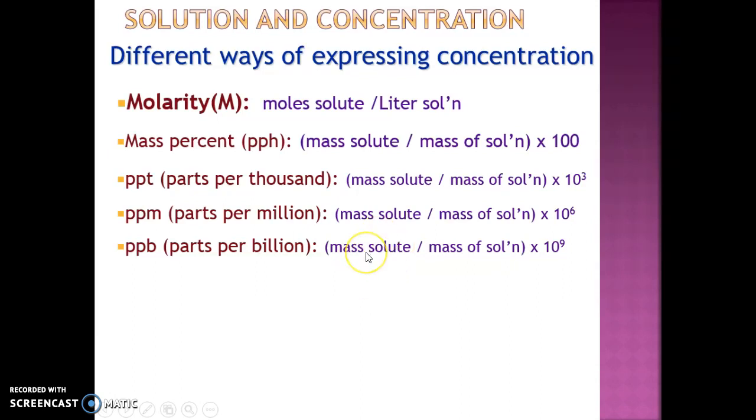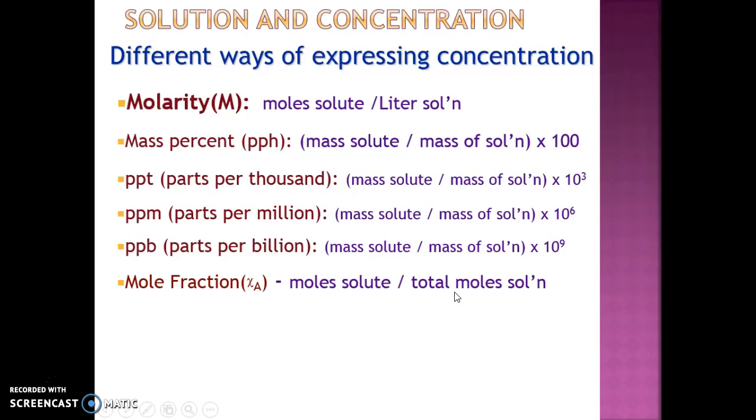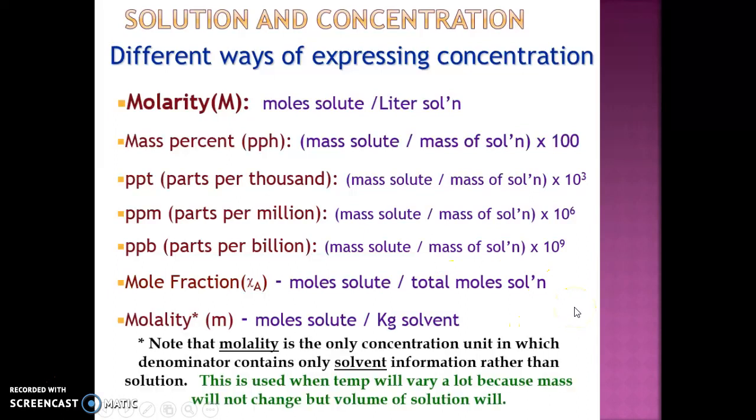So the smaller the concentration, the higher you can go in parts per thousand, parts per million, parts per billion. Mole fraction we've seen in gases, the moles of solute in the total number of moles of solution. We saw that mole fraction when we were taking a look at partial pressures of gases in mixtures. So same idea, moles of the solute out of the total moles.